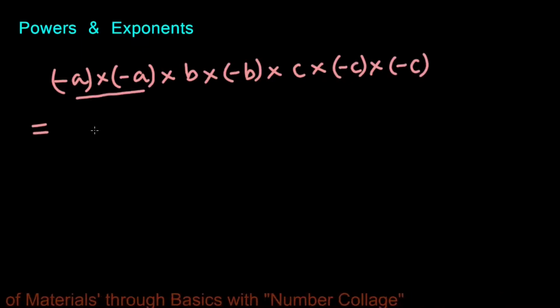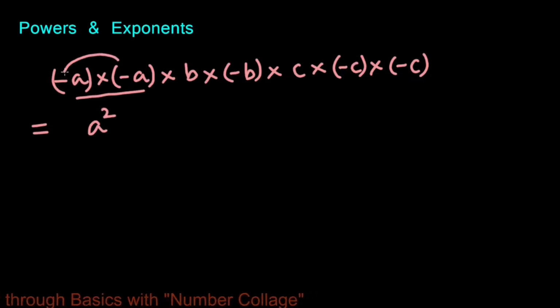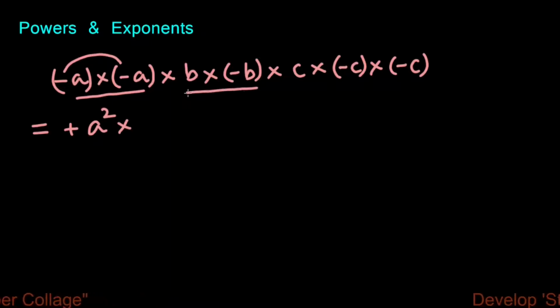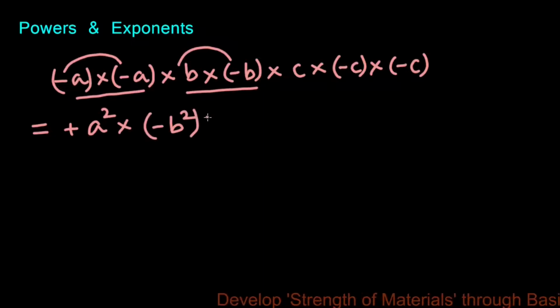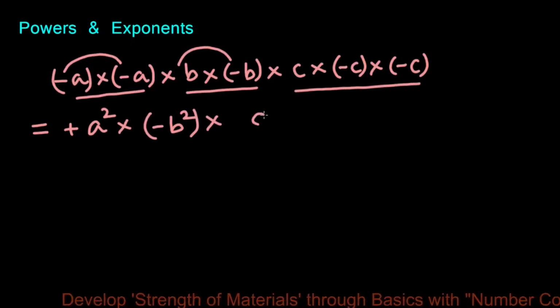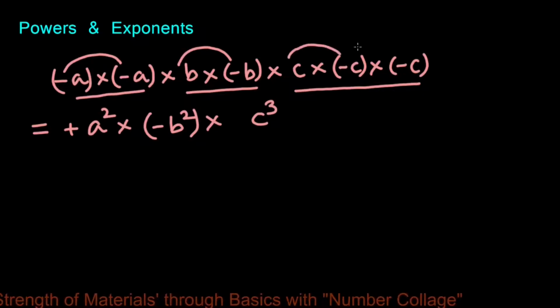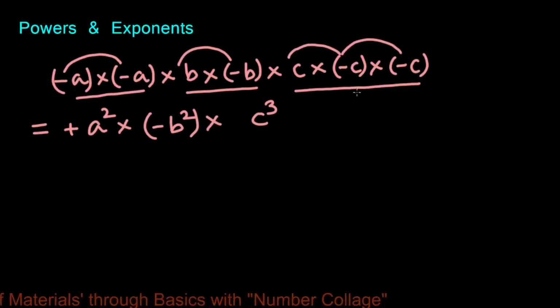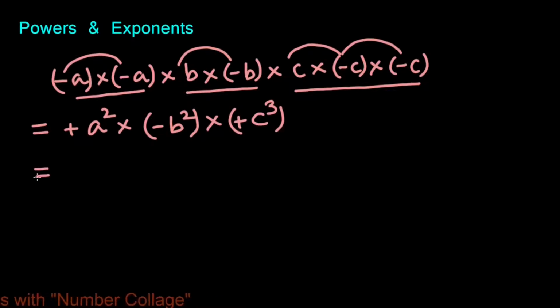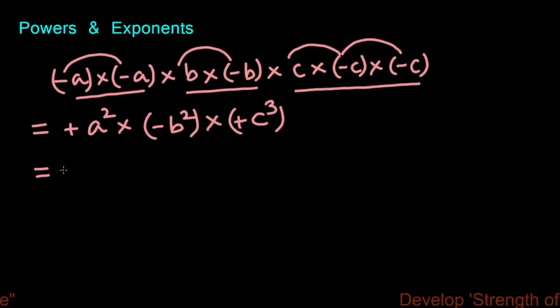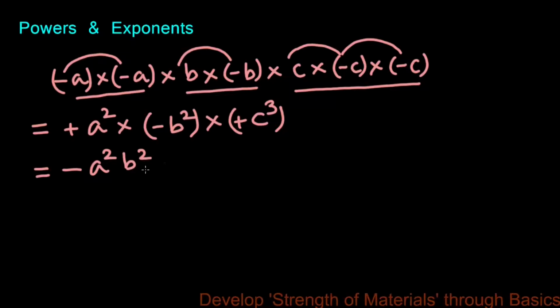So this will be a squared, and because minus into minus is plus, it will be plus a squared, multiplied by b squared, but this plus multiplied by minus will be minus b squared, multiplied by c cube, and this plus into minus will be minus, and minus into minus will be plus, so it will be plus c cube. Now we can write this as plus into minus will be minus, minus into plus will be minus again, so it will be minus a squared, then b squared, and c cube.